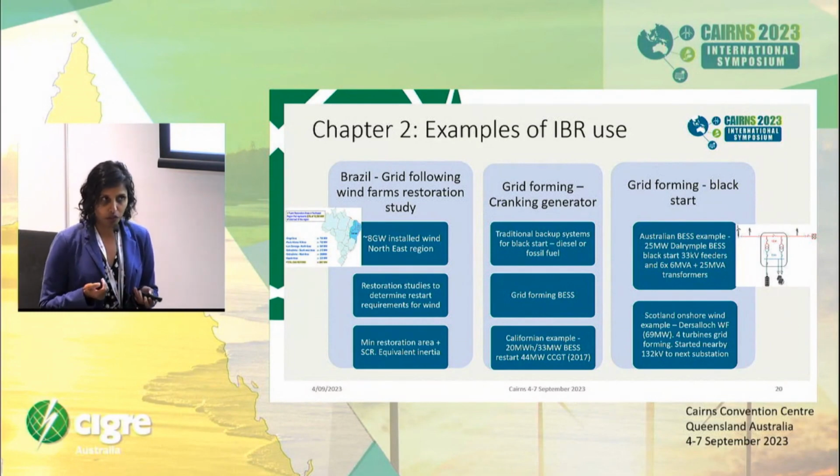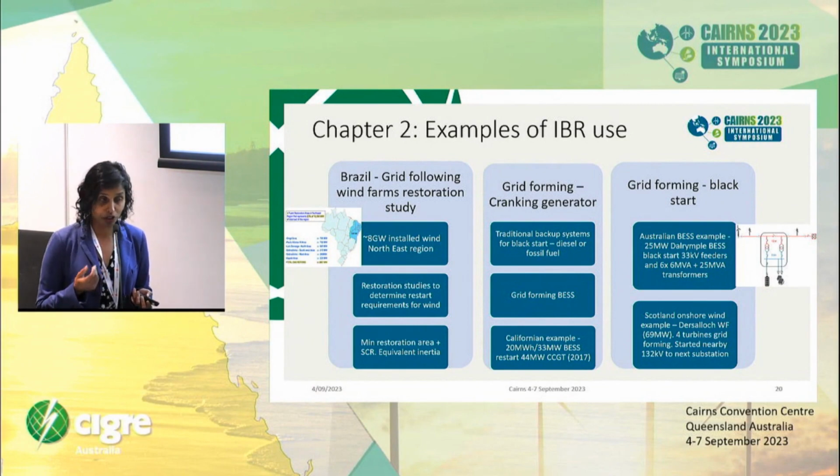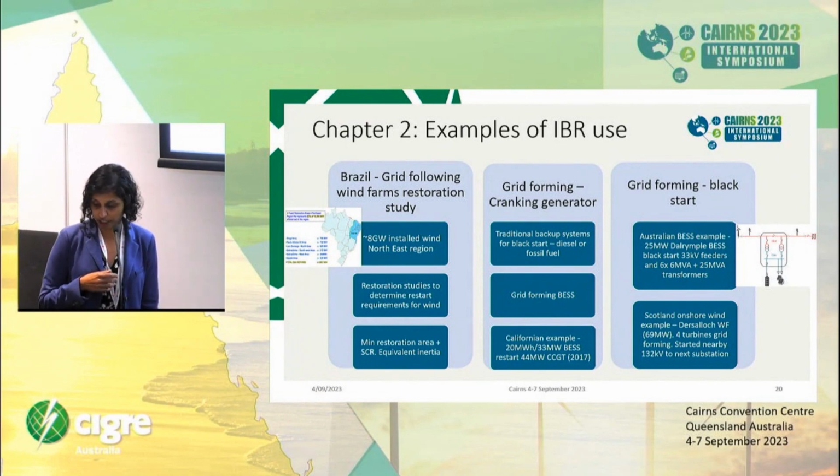In terms of grid forming plant, they have been used historically as cranking generators, as I said, to start up, say, a gas turbine. A grid forming BESS, for example, in California in 2017 started a 44 megawatt combined cycle turbine. So that's one example of grid forming. The other example of grid forming use in restoration is as a black start source.